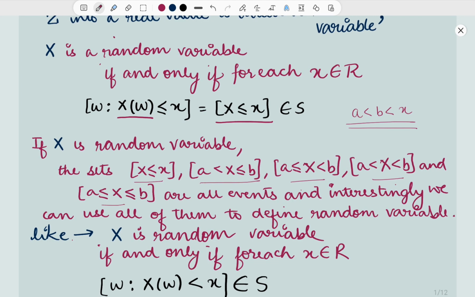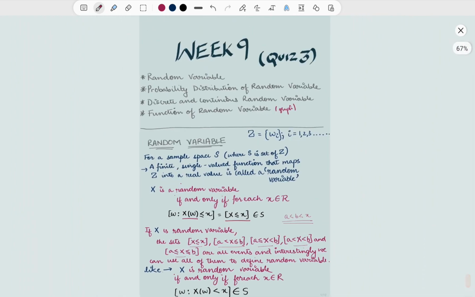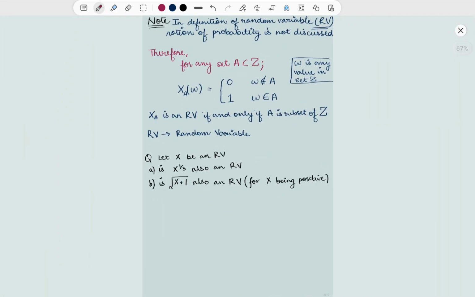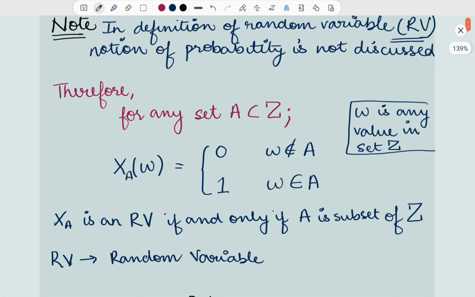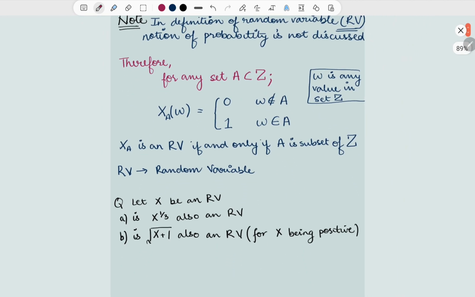For example, x is a random variable if and only if x, random variable, is less than the x amount of outcomes. The unique part here is that while we define the random variable, the notion of probability is not discussed.